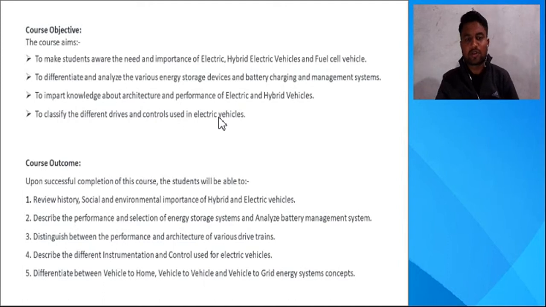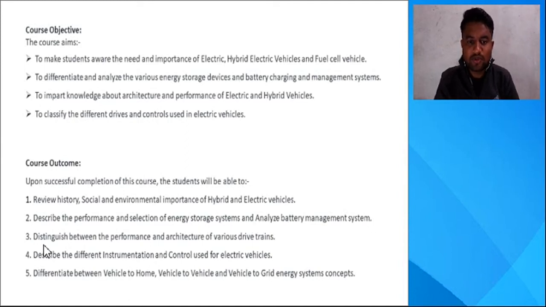Now, the course outcomes. Upon successful completion of this course, the students will be able to: the first course outcome is review history, social and environmental importance of hybrid and electrical vehicles. Second course outcome is describe and perform the selection of energy storage system and analyze battery management system.